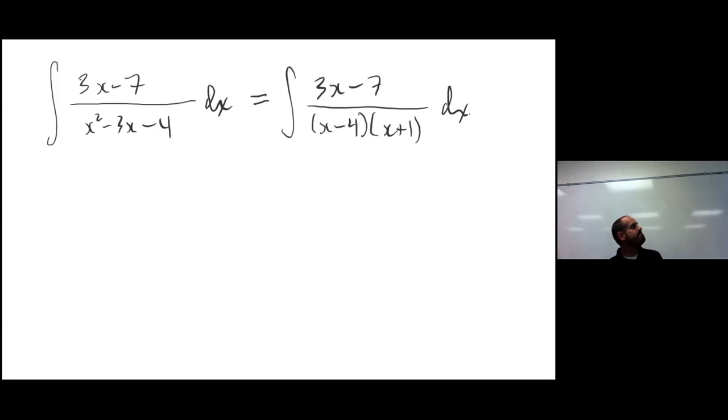Okay. We say to ourselves, all right, I'd like to break this thing up. This is slightly different than what we had last time. So let's kind of see it. So the thing is, we have 3x minus 7 over x minus 4, x plus 1.